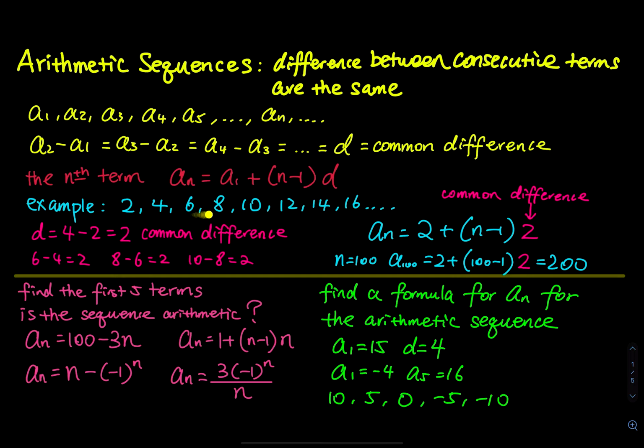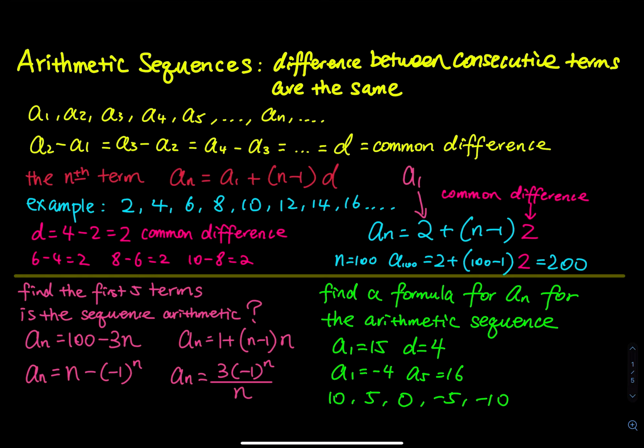Now, as we keep on going, can you use one formula to represent the nth term? a of n equals a1, this is the first term, plus the number of terms minus 1, and then multiply by the common difference. So let's say you want to find the 100th term.